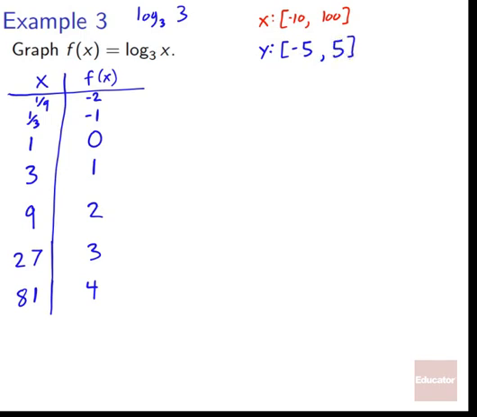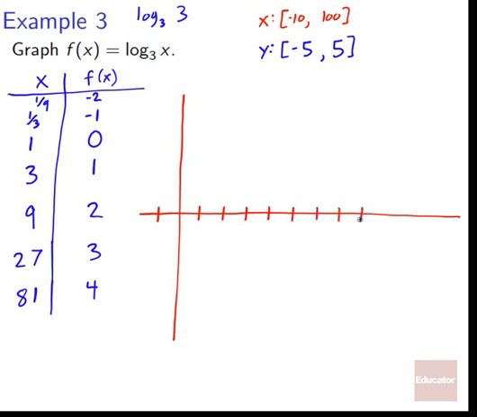Okay, so let's start drawing that in. Here's our x-axis, and the y-axis. So make a scale. The scale for the x will be in chunks of 10 because we have to cover a lot of ground. So negative 10, 10, 20, 30, 40, 50, 60, 70, 80, 90, 100.